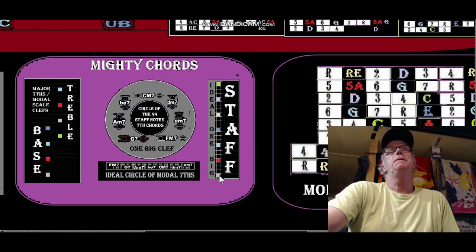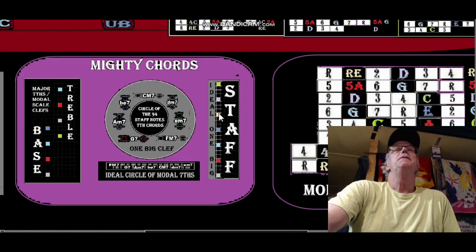This would be the note stack. Okay, so this would be our F major 7th, G7, A minor 7th, B half diminished 7th, then we'll go to C major 7th over here, and then to D minor 7th, and then to E minor 7th. That would be our note stack.